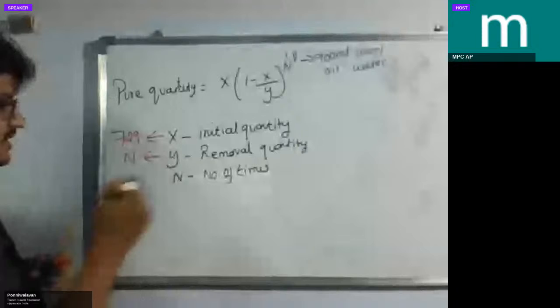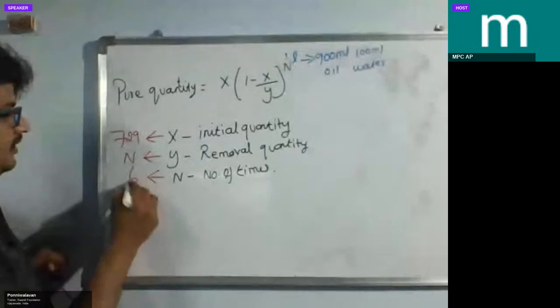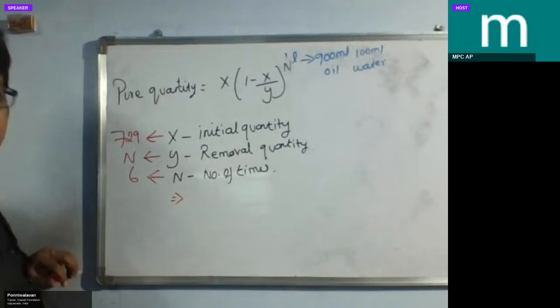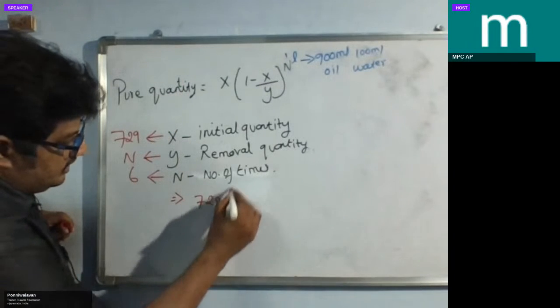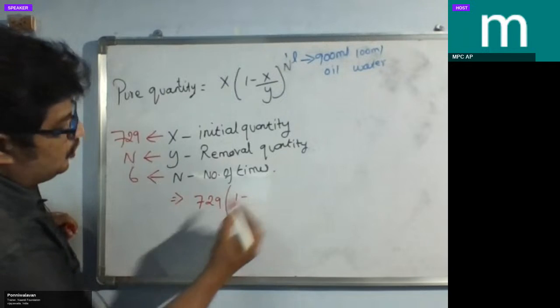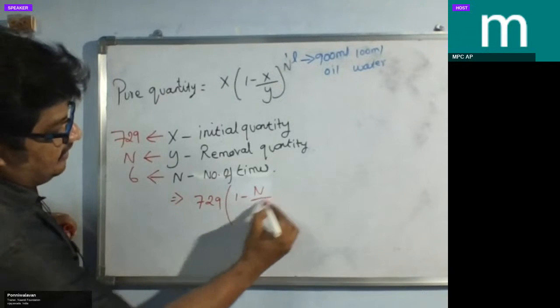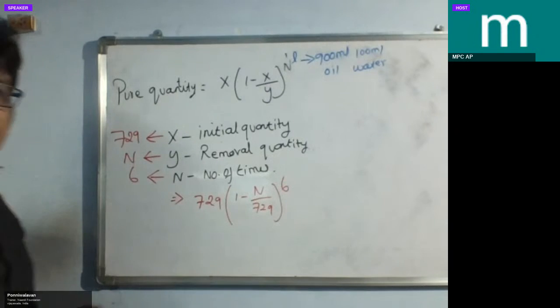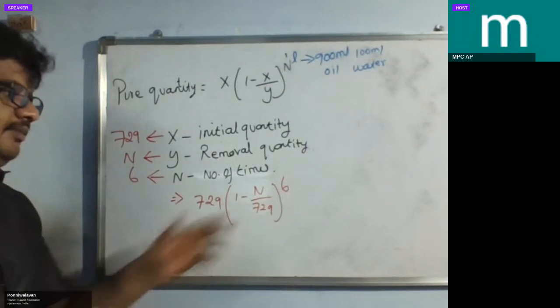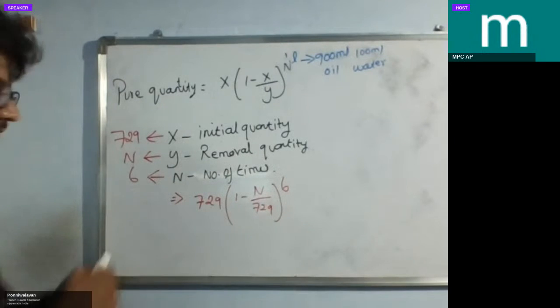Number of times, 6. So apply in this formula. It is 729 into (1 minus n divided by 729) whole power 6.